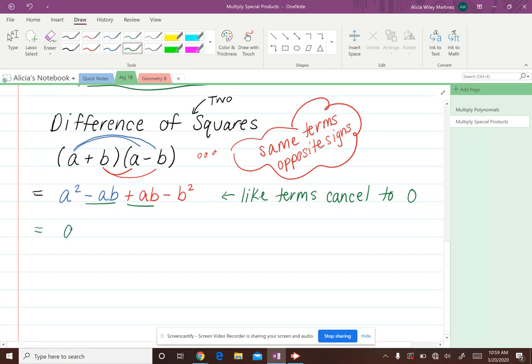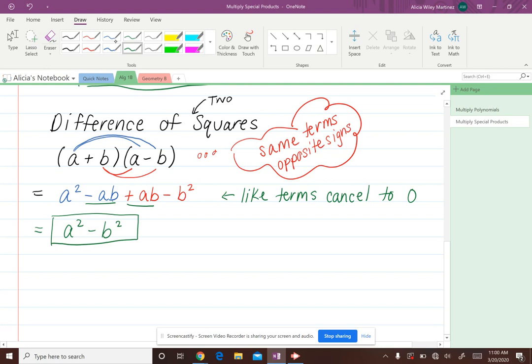So then we get A squared. Some people, when they cancel out to 0, like to cross them out. That's completely up to you. I'm going to erase that, though. Those combined to 0, so I'm not going to write 0AB. Then I'm left with minus B squared. And then here is your answer.